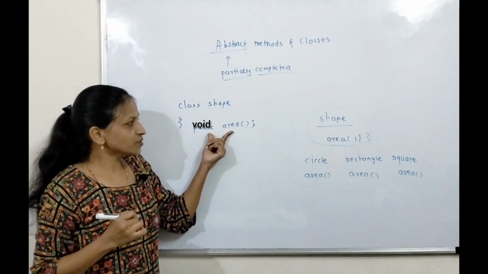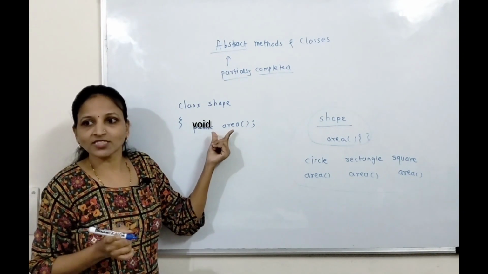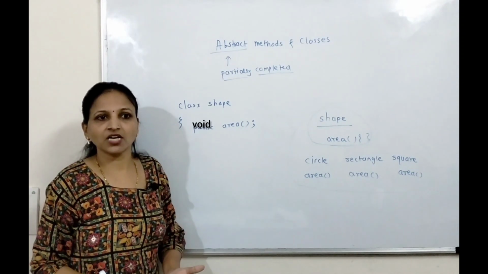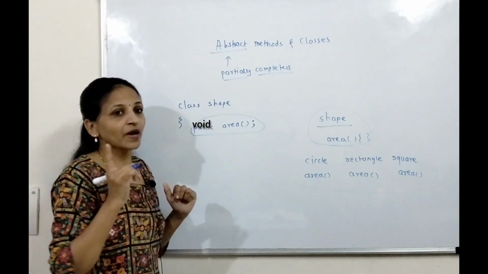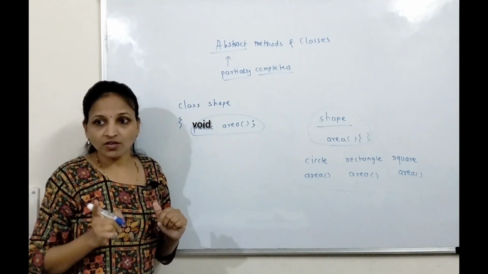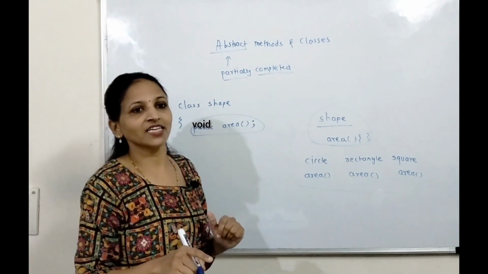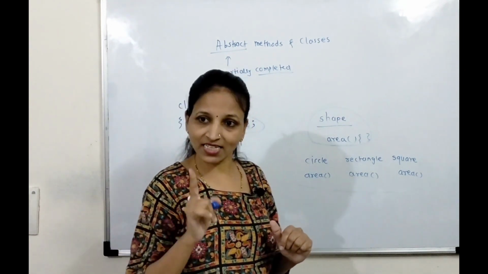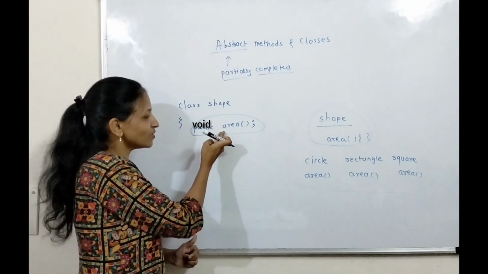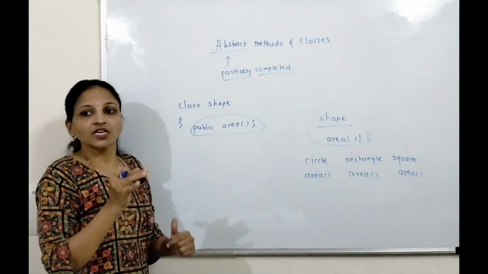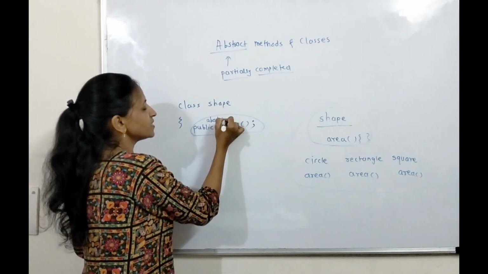Now see, this method should not be called. Why? Because it does not have any implementation, and this type of method you have to declare with the help of the abstract keyword. The method which does not have an implementation, we can declare with the abstract keyword, because there is no meaning in writing any implementation for it. This type of method we can write here as an abstract method.